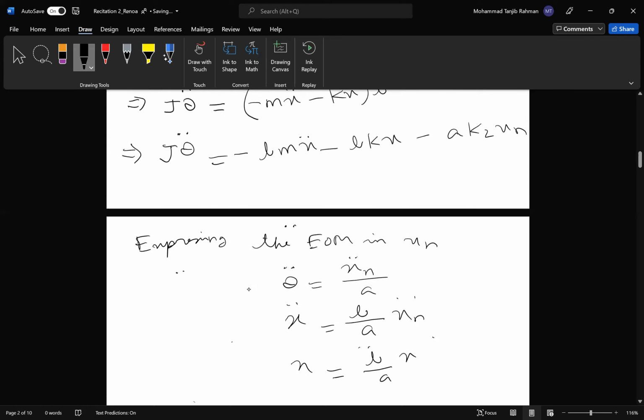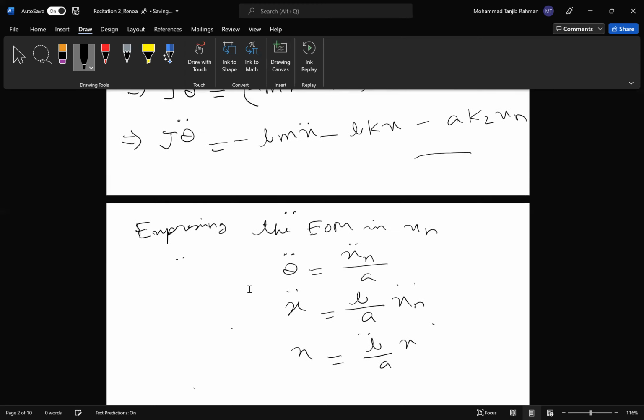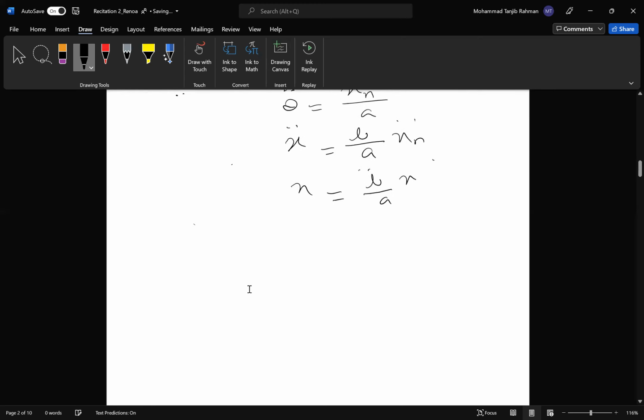So now I'm just going to put all these values in this equation, and it will be J theta double dot equal to xn double dot by a, minus bm.